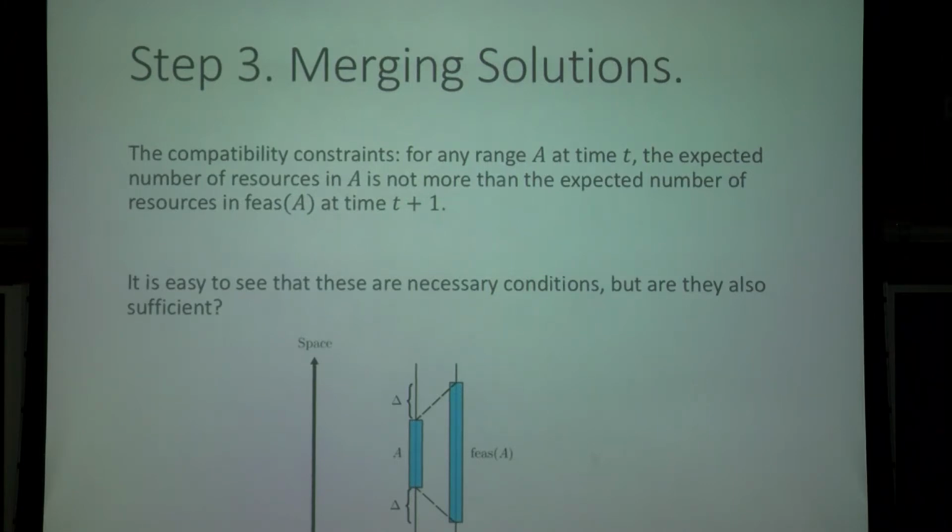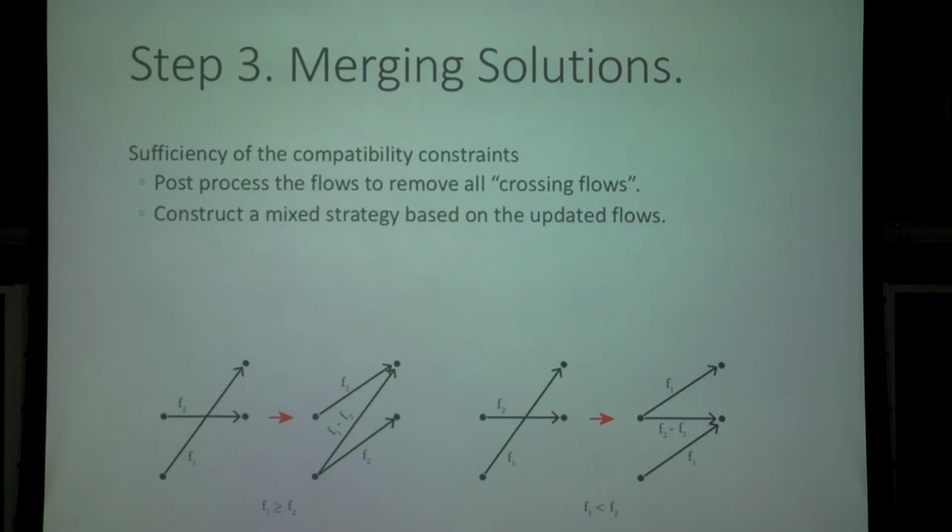And does there exist a strategy satisfying this LP or not? And the answer is somewhat yes. The technique that we use is that after the LP finds the solution, we adjust the solution of the LP and find another solution. And we ensure that there are no crossing edges in the flow.